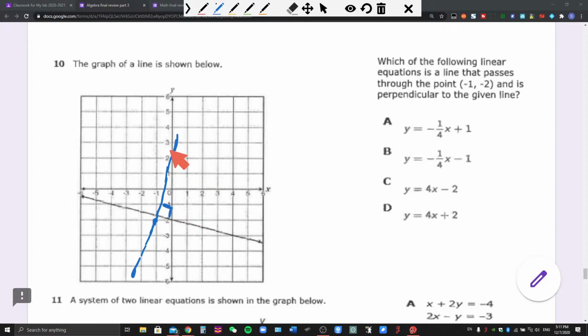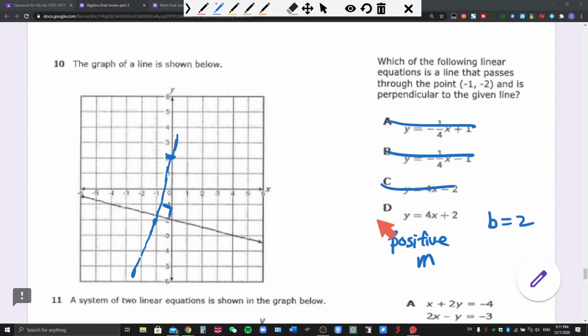You can tell the intercept is B, and it has a positive m. Negative B, that's wrong. Negative m, that's wrong. So the only answer will be D.